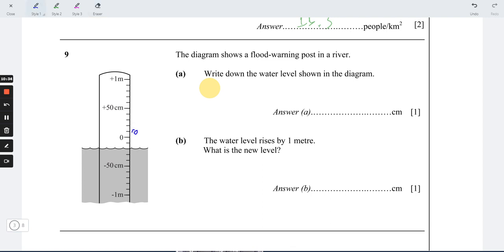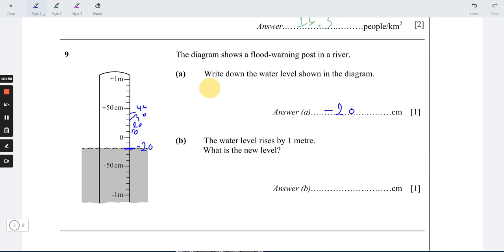So 0, 10, 20, 30, 40, and 50, 60, 70, 80, 90, till you get 100 centimeter. Now, the water level here, 0, minus 10, minus 20. So it's minus 20 centimeter.